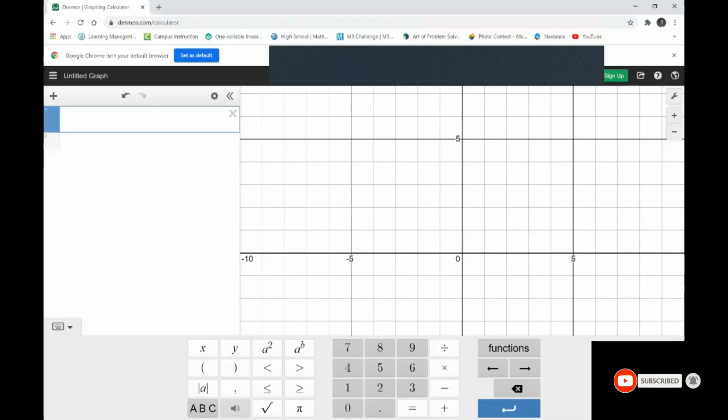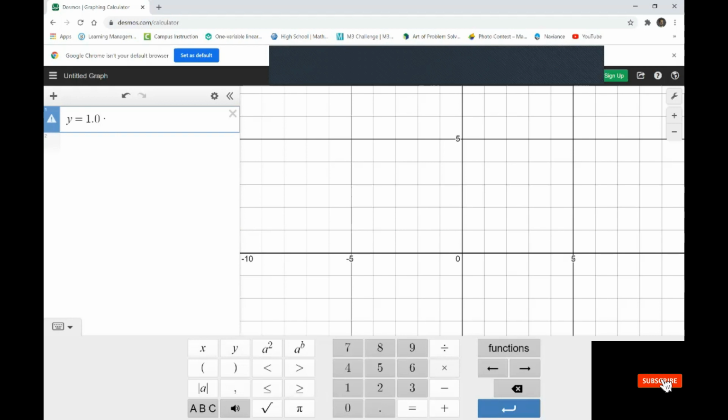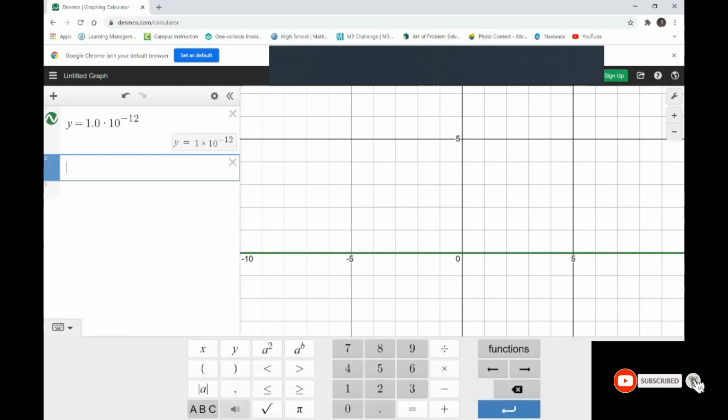Okay, to solve this in Desmos, first thing you want to do is say y equals 1.0 times 10 raised to the negative 12. Okay, we see a line, but we can't quite make out what it is. We'll fix our window after we enter our next equation.